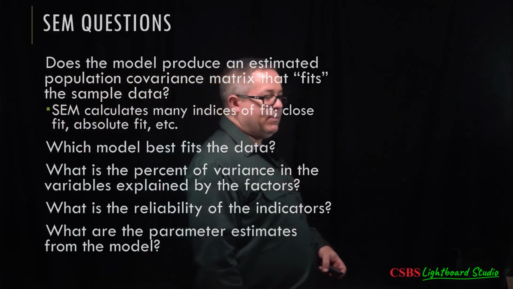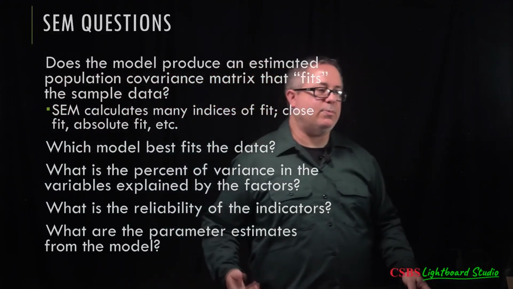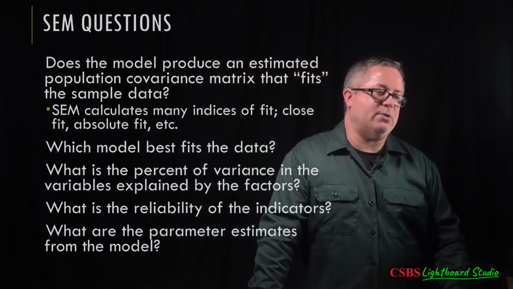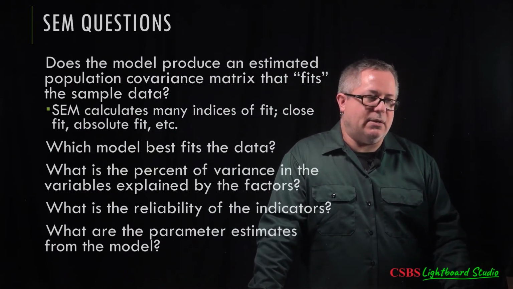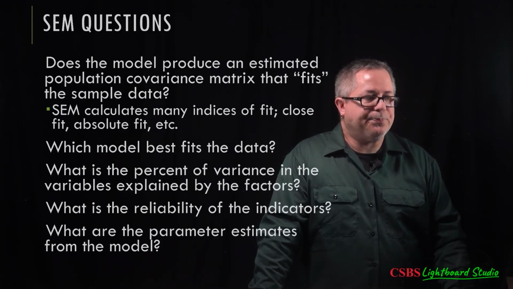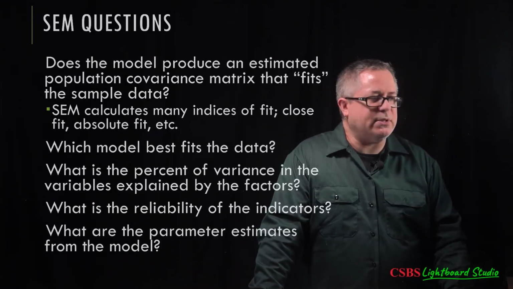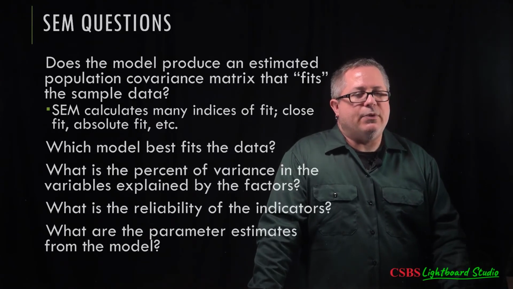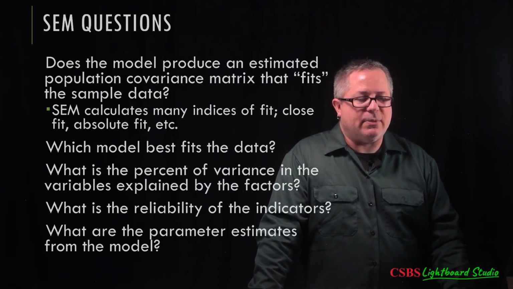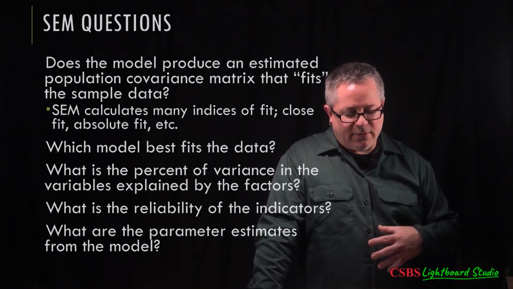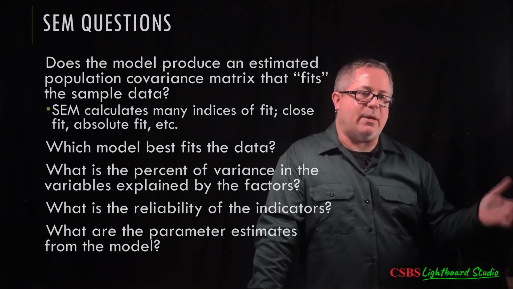So some SEM questions. Does the model produce an estimated population covariance matrix that fits the sample data? The reason I stated it this way is to point out that the approach is a little bit different. We're used to saying, does my sample fit my assumptions about the population?